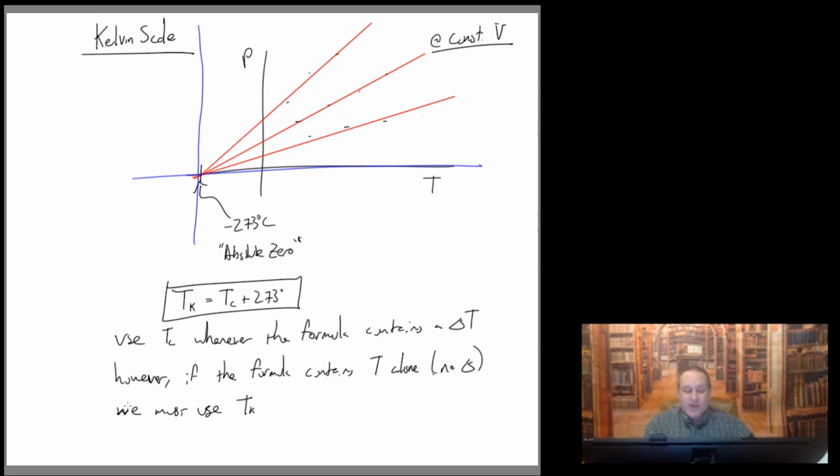They're sort of designed that way. But if there's a delta T, because if I change 5 degrees Kelvin, I also change 5 degrees Celsius, then we can get away with just using the Celsius temperature because the size of the delta T's would be the same anyway. As we go forward, probably a little more than half the time the formulas have a delta T, but sometimes they just have a T. If they just have a T, we better use Kelvin. Okay, any questions?